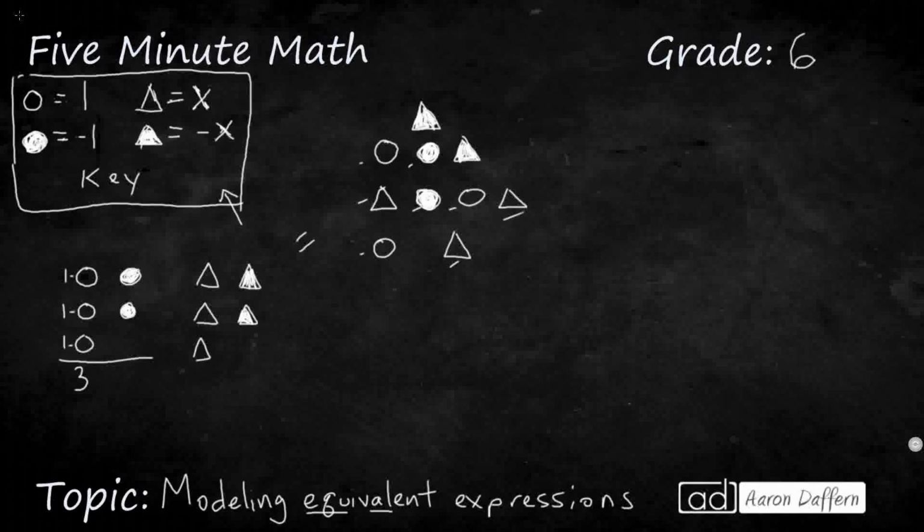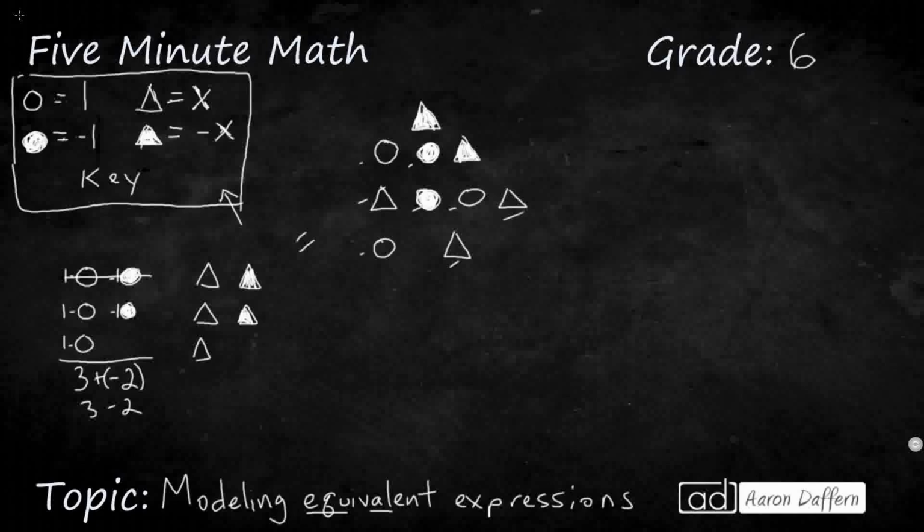Now, I've got a negative 1 for each of these closed circles. So minus 1, minus 2. So that's a negative 2. So I can view it as a 3 plus a negative 2, or I can just think of it as a 3 minus 2. Either one, these are 0 pairs. This positive 1 and this negative 1 cancel out.